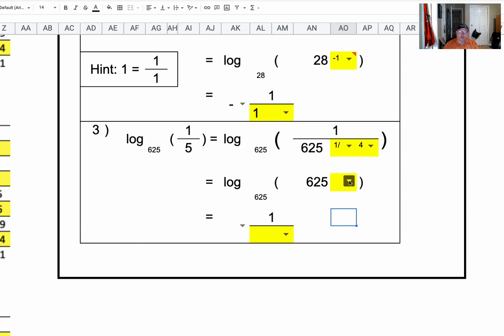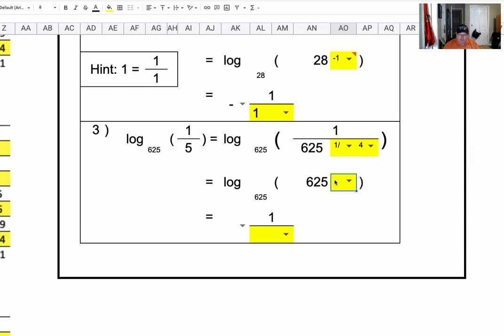Next, what we're going to do here is look at that. That is in the bottom. So there's division involved because it's in the denominator. How do I write that in the numerator? To indicate there's division, I make the exponent negative. It's going to be, ooh, that's kind of ugly.